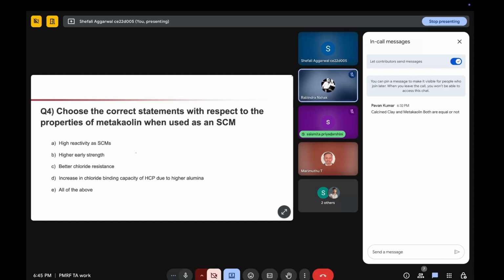All of the above, yes, correct. So when we are using metakaolin, it will increase the reactivity. Also, early strength will be increased. We will have a better chloride resistance, and increased chloride binding capacity of HCP due to higher alumina. So all options are correct.